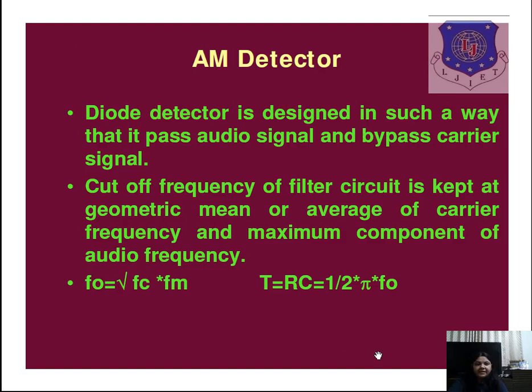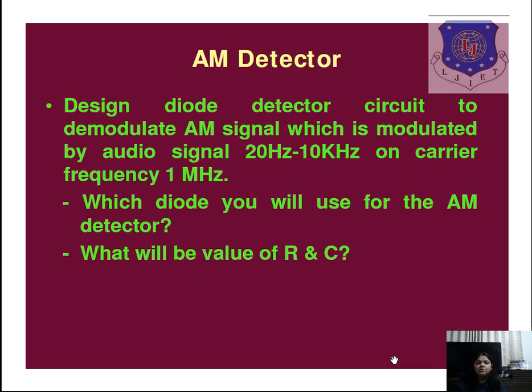AM detector. The diode detector is designed in such a way that it passes the audio signal and bypasses the carrier signal. The cutoff frequency of the filter circuit is kept at the geometric mean of the carrier frequency and the maximum component of audio frequency. So F0 is equal to square root of Fc into Fm. Time constant T is equal to RC is equal to 1 by 2 pi F0.